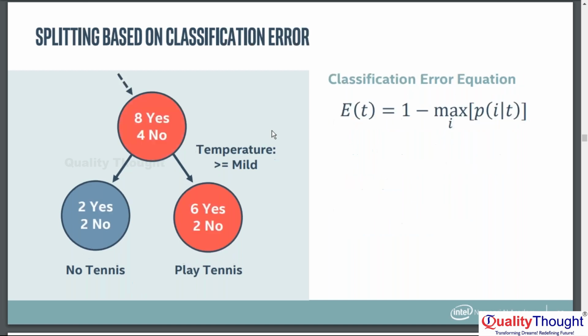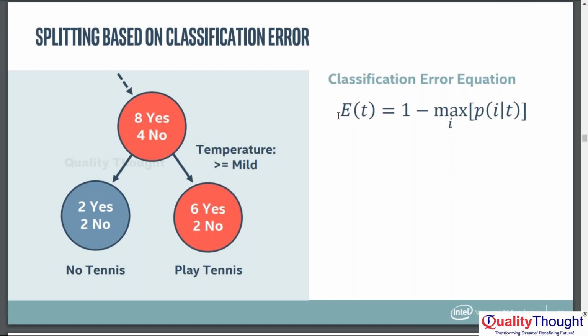Here we have an equation: E of t is equal to 1 minus max over i of P of i given t. This is the error equation for classification.